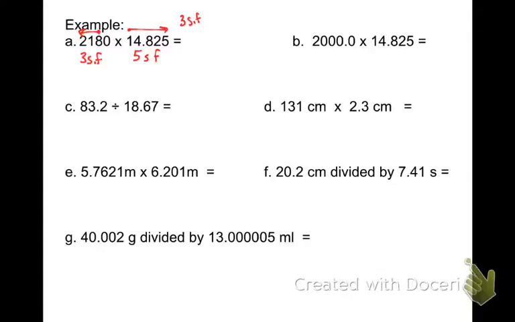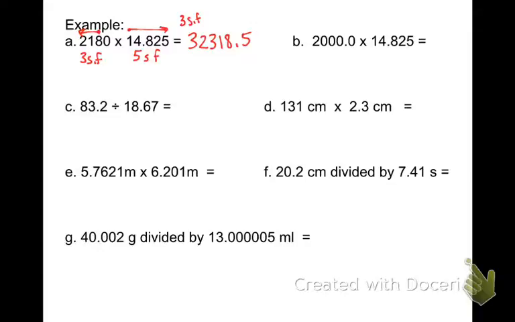We plug this into our calculator, and our calculator spits out 32318.5. So now here's where it gets a little tricky. You want to make sure that you keep zeros in as placeholders, because if we round this to 323, that is nowhere near 32,318.5.